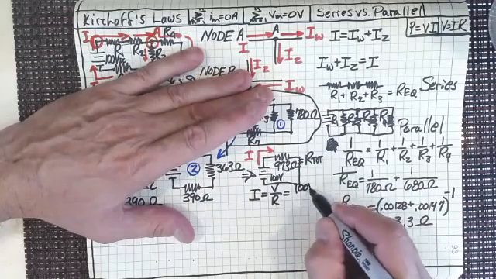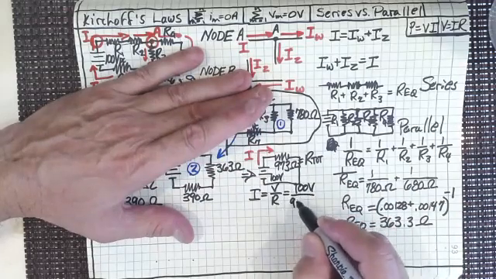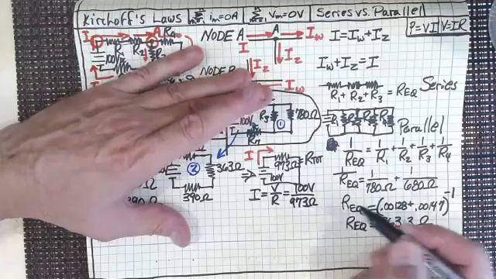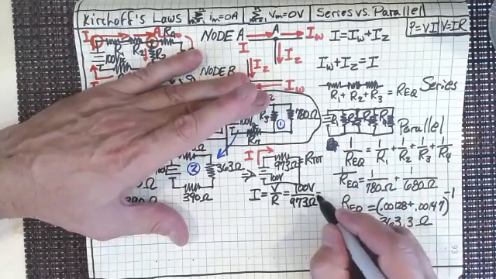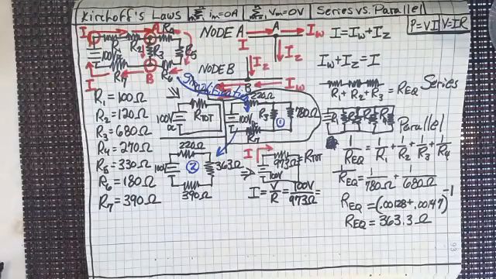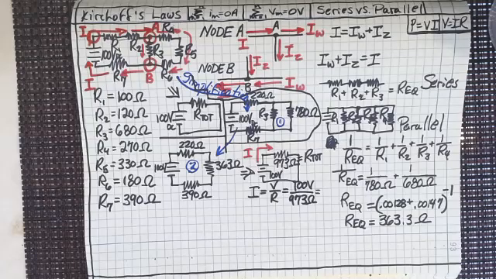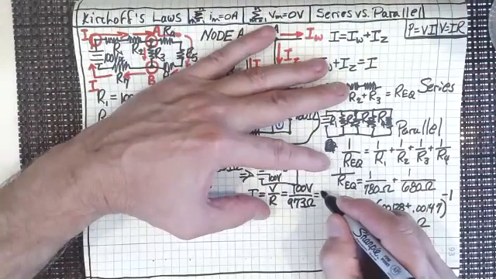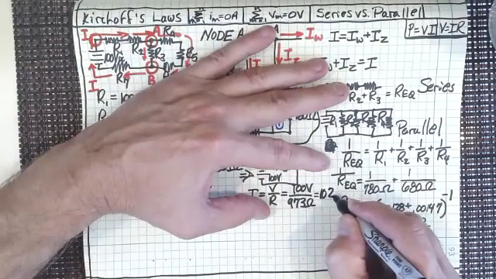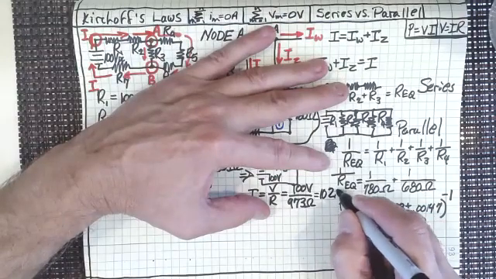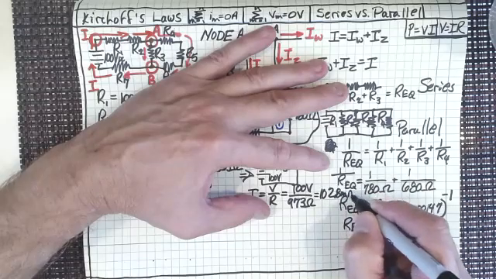So let's look at this then. We've got 100 volts and we've got 973 ohms. What type of current does that give us? And you're saying, well, it's about 100 milliamps, I would think. 100 volts divided by 973 ohms gives us 102.8 milliamps.